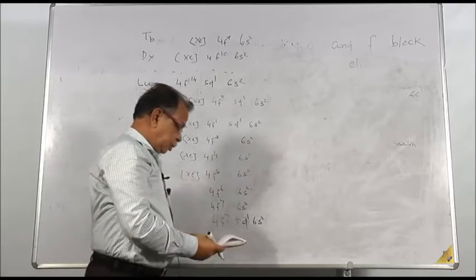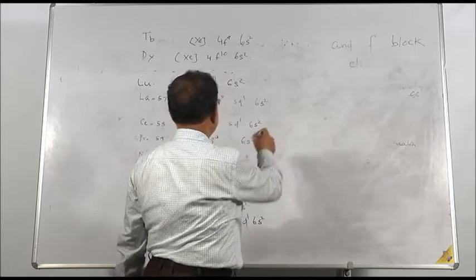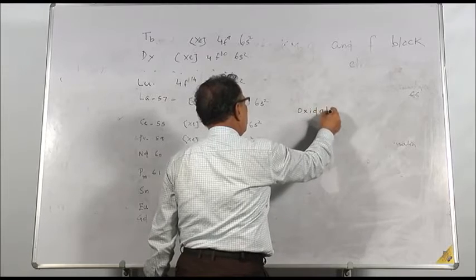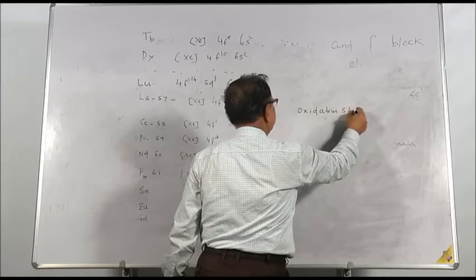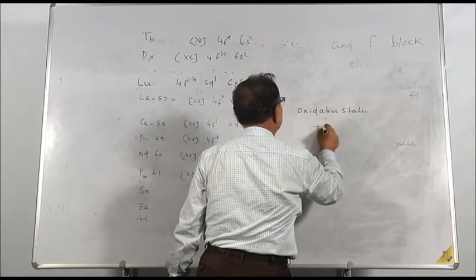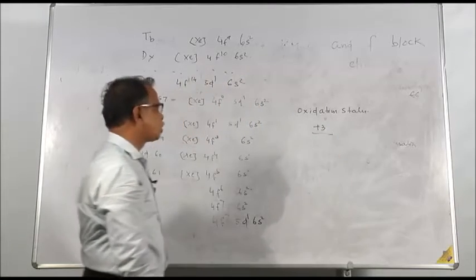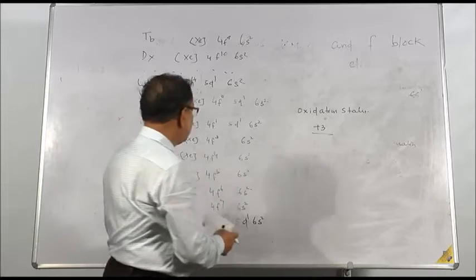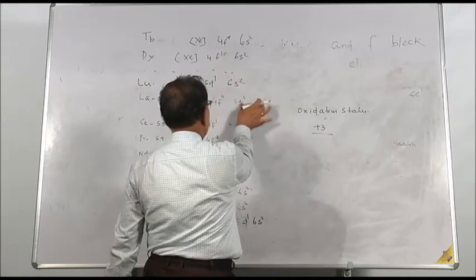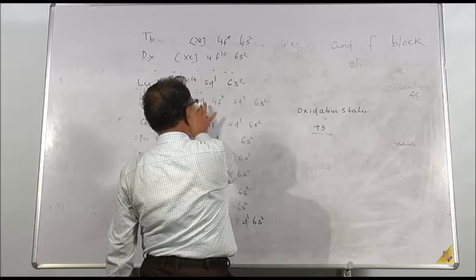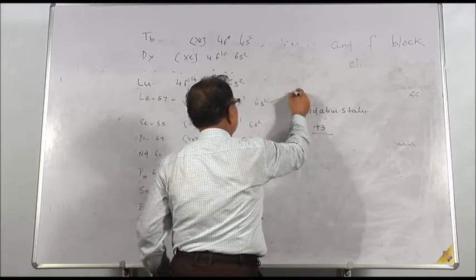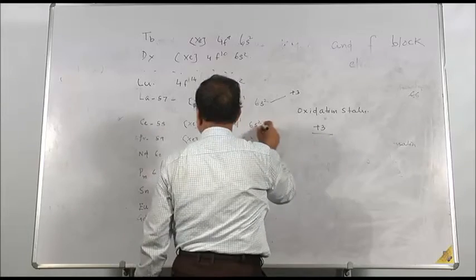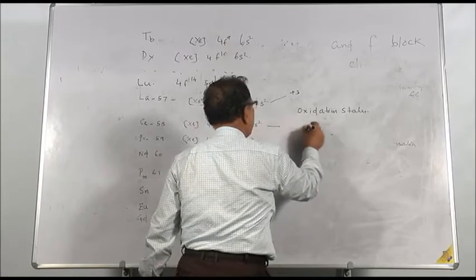Now let us discuss the oxidation states. The common oxidation state of lanthanides is +3. This +3 gives a stable configuration. The other oxidation states: cerium exhibits +3 and +4.